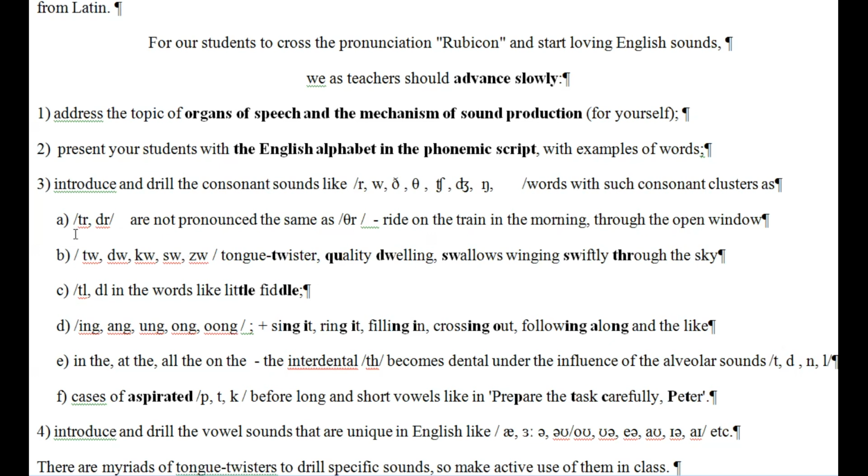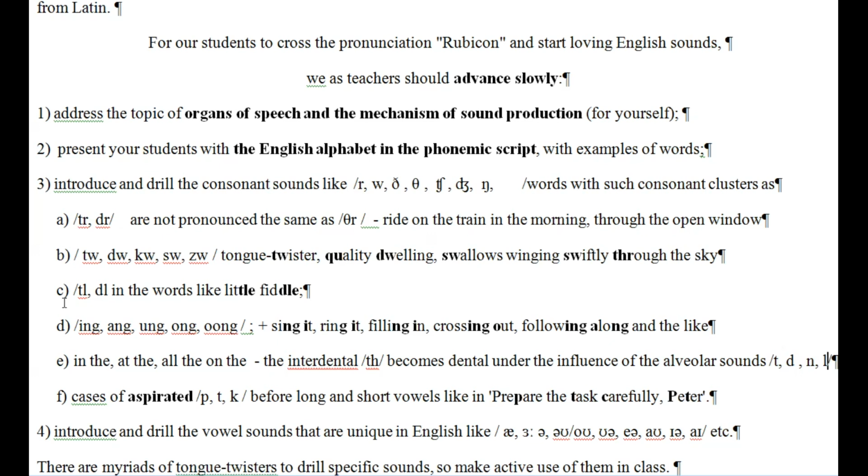A: tr, dr. They're not pronounced the same as thr. With examples: ride on the train in the morning, through the open window. B: clusters like tw, dw, qu, zw, sw, and such words as tongue twister, quality dwelling, swallows swinging swiftly through the sky.